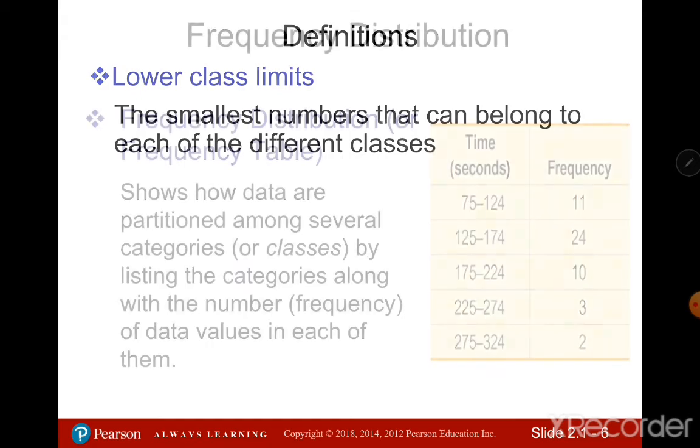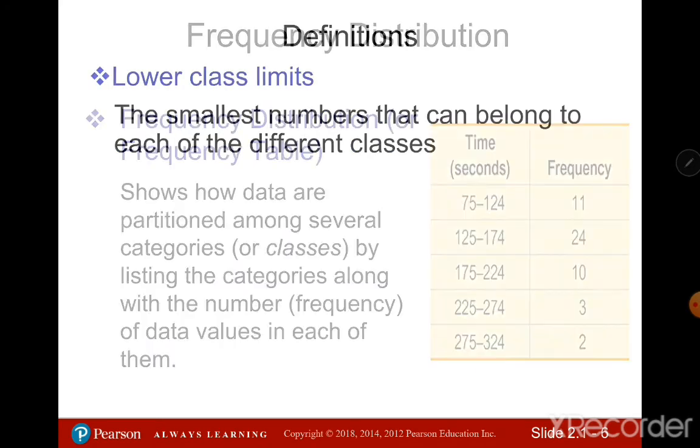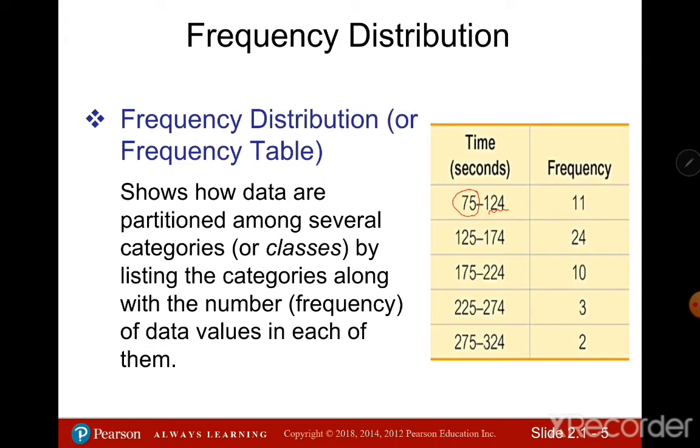So if we go back to check this example, we have several classes. Of course, each class can be separated, but the definition of a boundary says without the gaps.